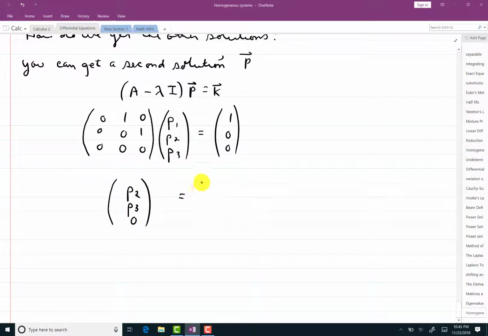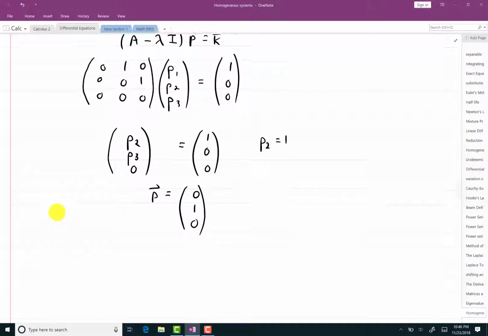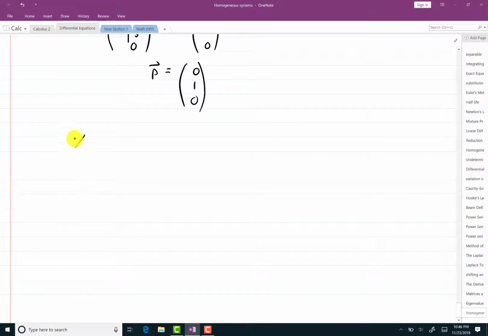And we'll set that equal to 1, 0, 0. And we see that P2 equals 1. So then that tells me that the vector P is equal to 0, 1, 0: P1 was 0, P2 was 1, P3 is 0. So far, a second solution is afforded by this.